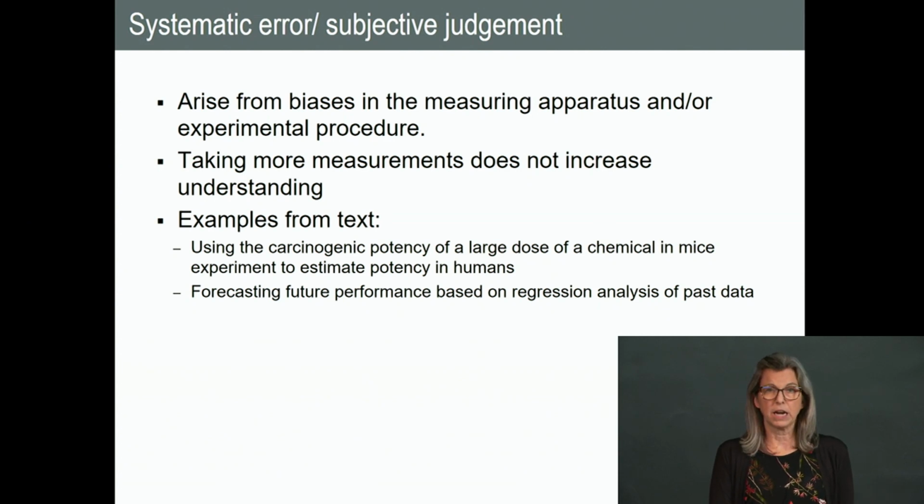That's systematic error, subjective judgment. We know that that's the case when we do it, and it's the best that we have, and so we still do it, but you have to acknowledge that there's that model uncertainty. Also, forecasting future performance based on past performance. There's a lot of good reasons to do that, but you have to acknowledge the uncertainty that it introduced. So in these cases, taking more measurements does not reduce the uncertainty.